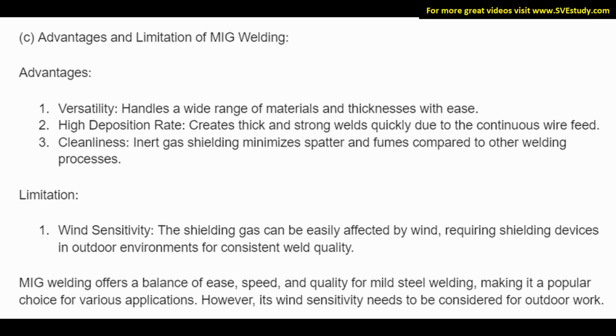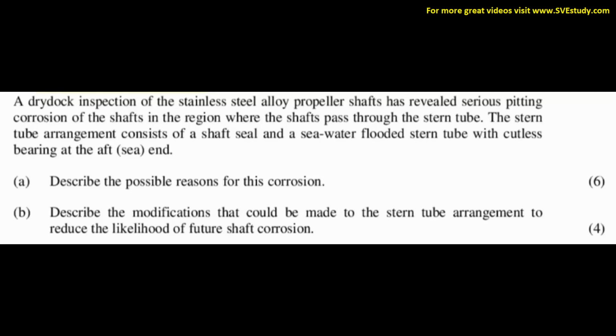A dry dock inspection of the stainless steel alloy propeller shafts has revealed serious pitting corrosion of the shafts in the region where the shafts pass through the stern tube. The stern tube arrangement consists of a shaft seal and a sea-water flooded stern tube with a cutlass bearing at the aft sea end.